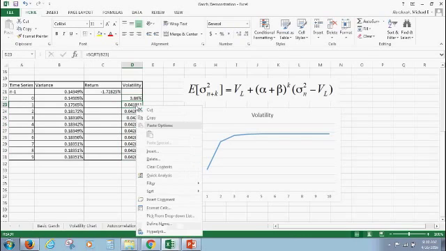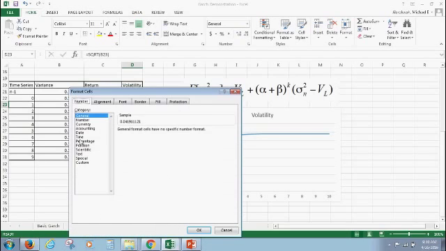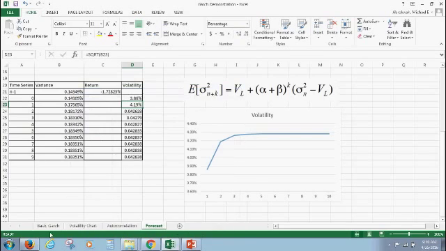So I'm actually going to go ahead. I'm sure this is tedious. That was actually quite a tedious process, but I managed to present the volatility in terms of percentage.